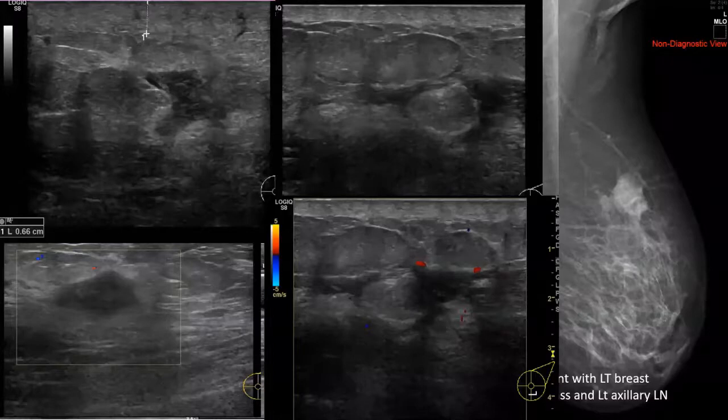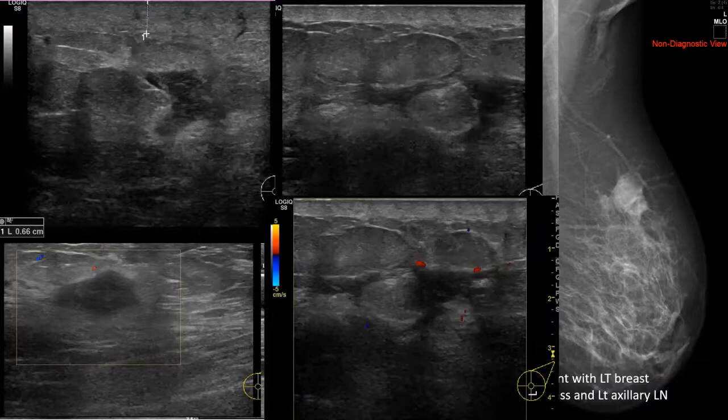She might have received a short course of antibiotic, or by itself it resolved, but still you did not mention what could be in the differential diagnosis. Could be what? Diabetic mastopathy.